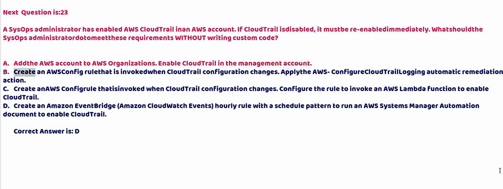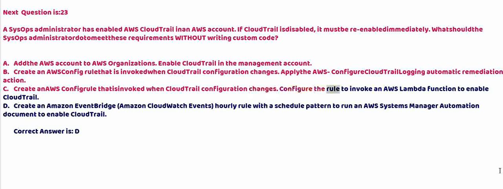B. Create an AWS Config rule that is invoked when CloudTrail configuration changes. Apply the AWS-ConfigureCloudTrailLogging automatic remediation action. C. Create an AWS Config rule that is invoked when CloudTrail configuration changes.